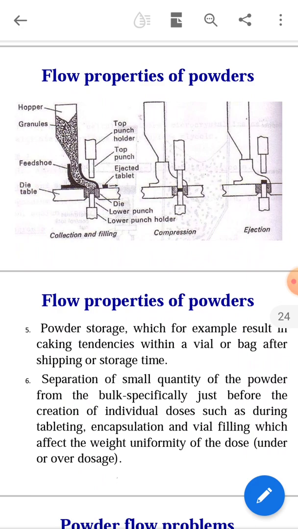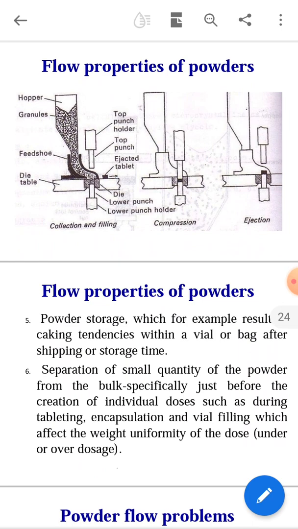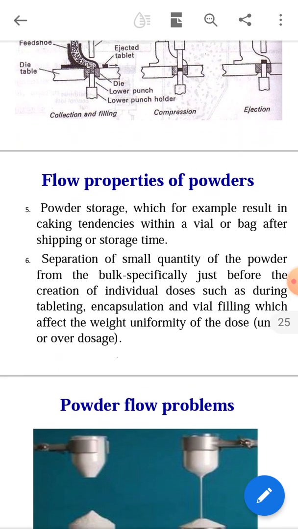There is a diagram of the flow property of powder showing the hopper. The granules are filled, and the first phenomenon shown is bridging, or rat-holing, which happens depending on the flow property of the powders.